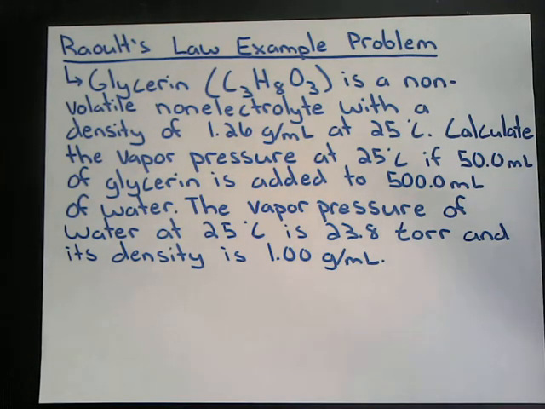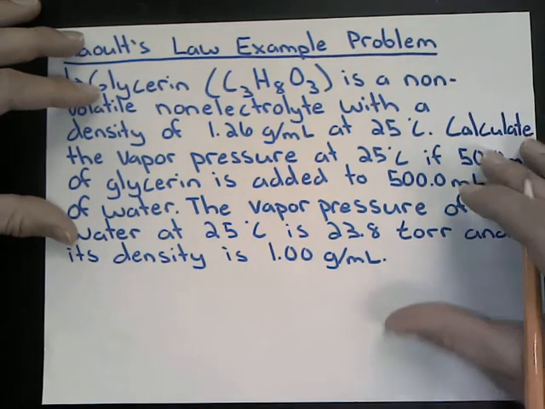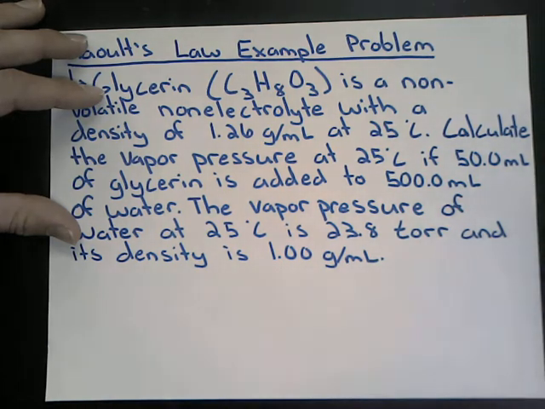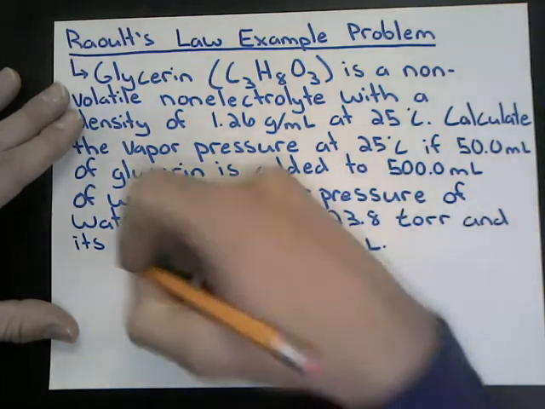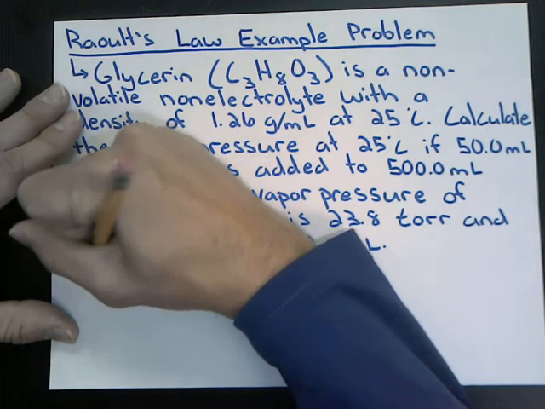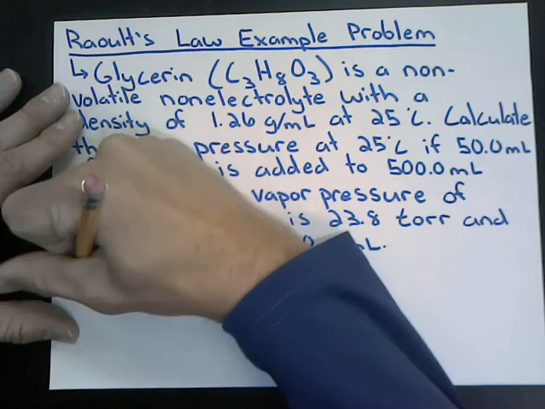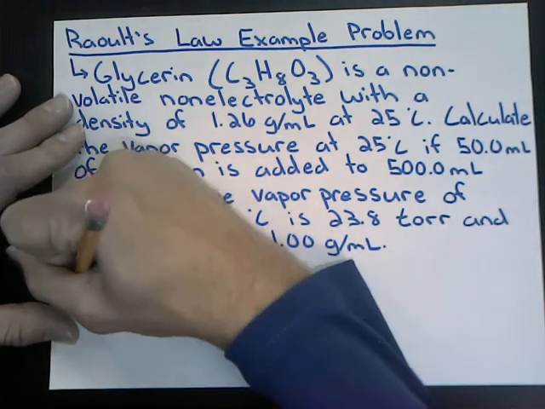Now, the first thing that we need to get to is our mass of both glycerin and water. It's not explicitly given, but we can do a little bit of work to get to that point. So I'm going to start here with glycerin. We are given the density of glycerin, and that density is 1.26 grams per milliliter.